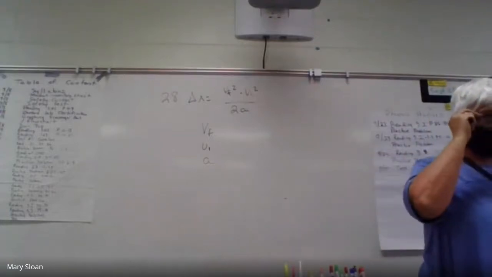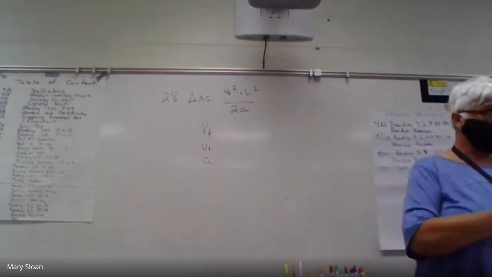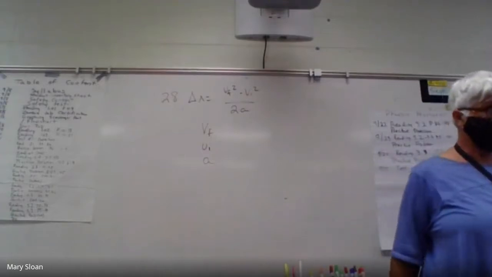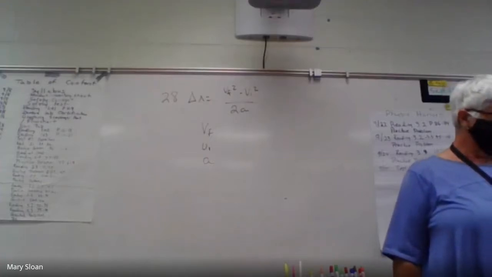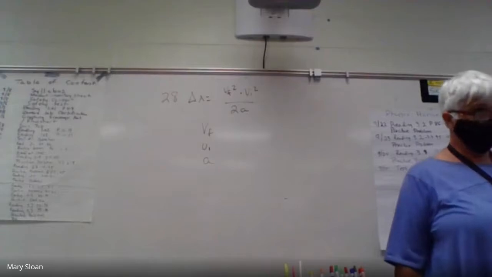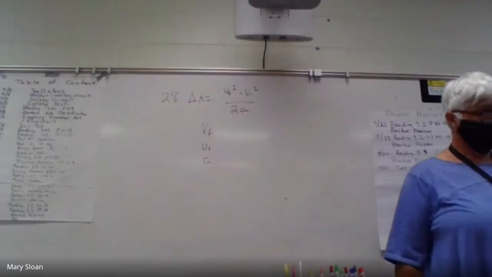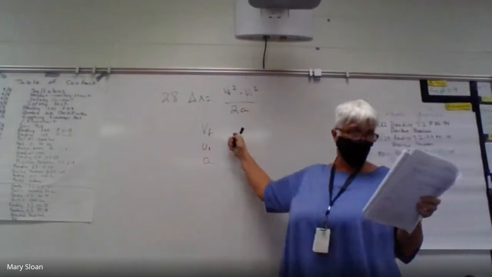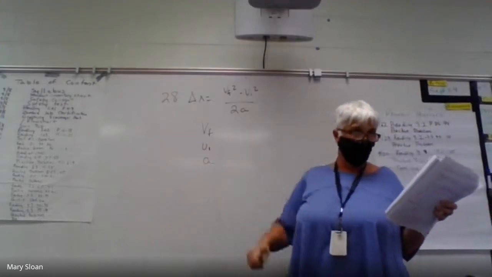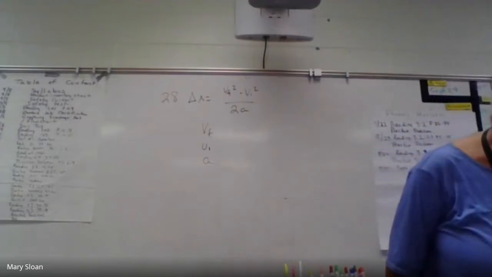What do you think velocity final is, based on the reading assignment? What did he end up at? There are 2 choices. Just choose one of them, and it's meters per second.